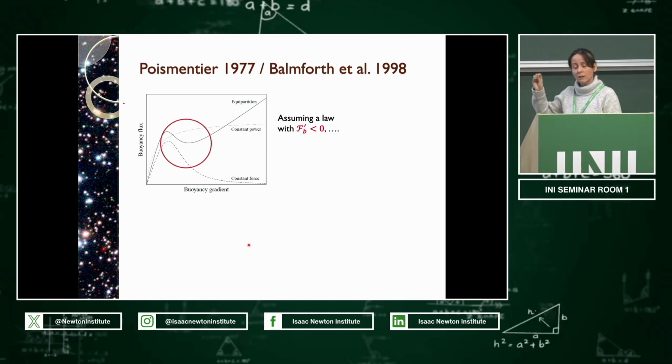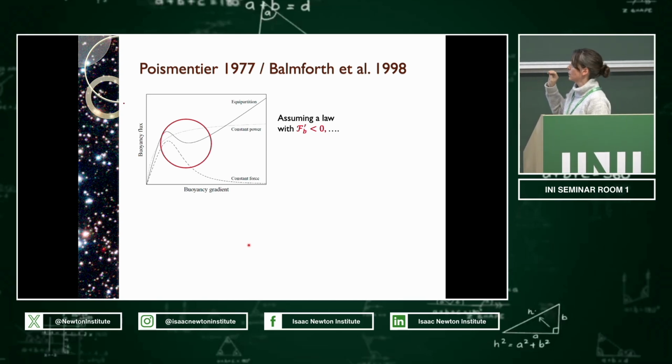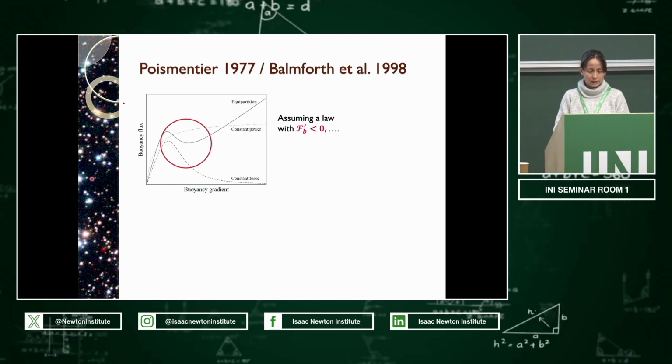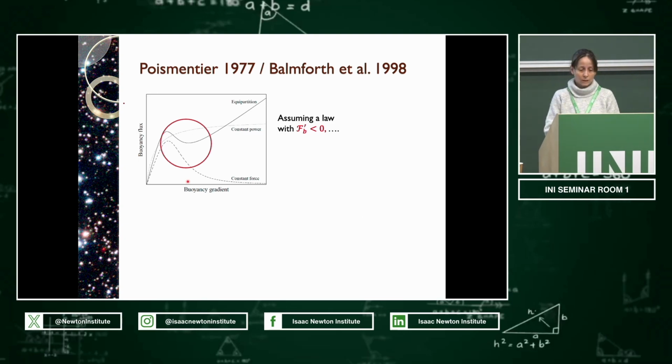The proof of concept for this idea was provided by Posmentier and Barenblatt et al. a little bit later. The idea is, if you start with the picture in mind that maybe the buoyancy flux does decrease with the buoyancy gradients for some parameters, so somewhere in parameter space there's a region where this F_B is a decreasing function of dB/dz, then possibly you can get layer formation.